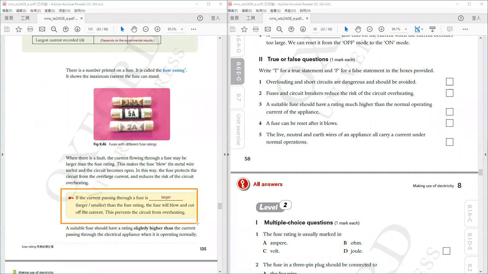If the current is too large, the fuse will blow and cut off the circuit current so they prevent overheating. Sometimes when you don't know the answer, I hope you can really refer to your textbook and look for the answer. They prevent too much current passing through, therefore preventing circuit overheating.